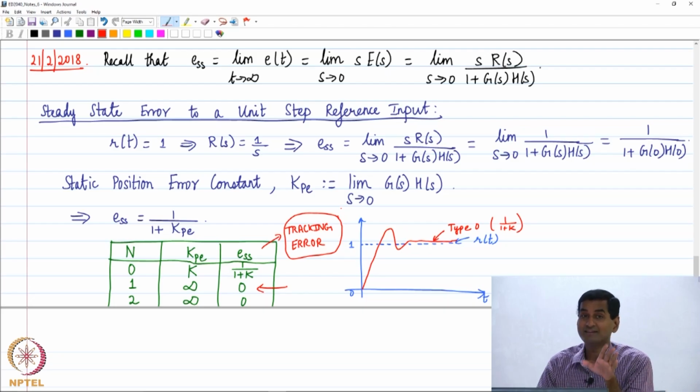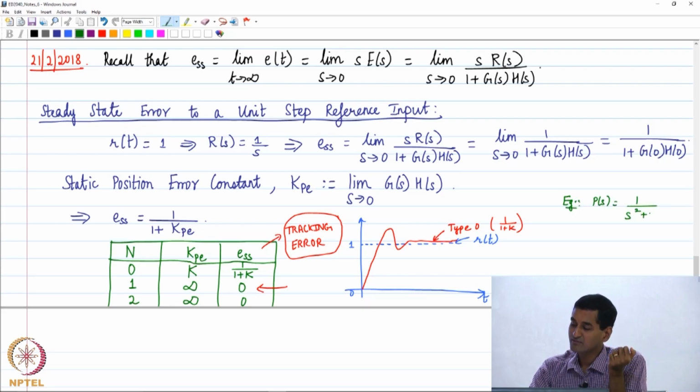If my plant does not have a pole at the origin, that means it doesn't have a 1 by s term, how can I introduce a 1 by s term in the open loop transfer function? Typically P of s is given to us, it's what the system is. As an example, let us say P of s is 1 by s squared plus s plus 1, and H of s is 1.